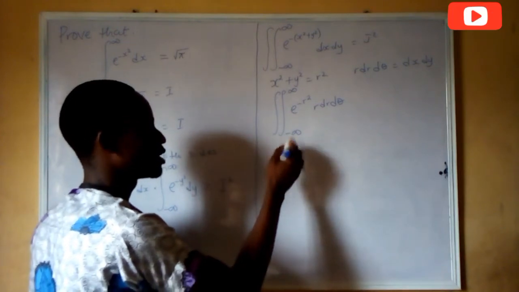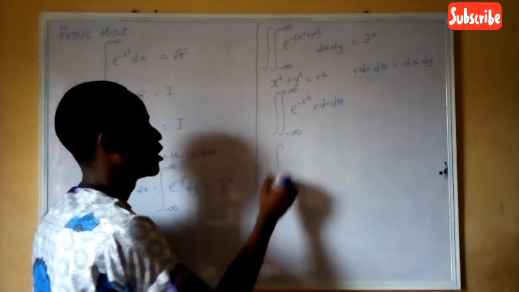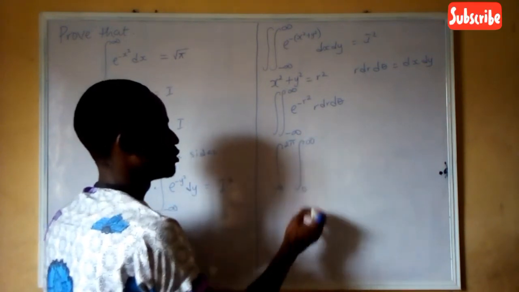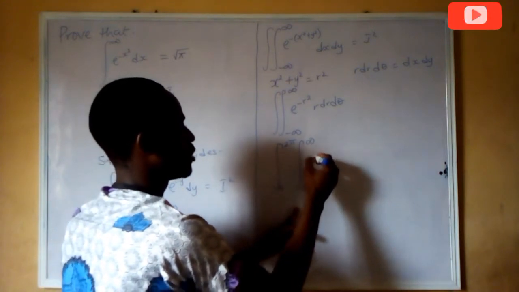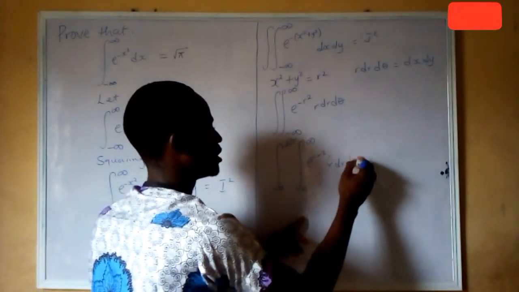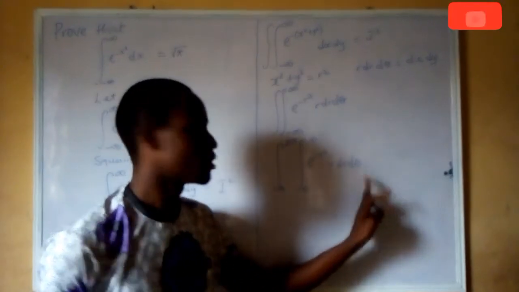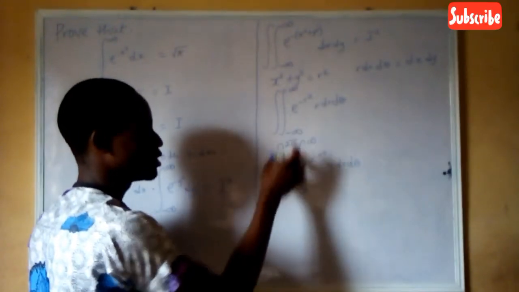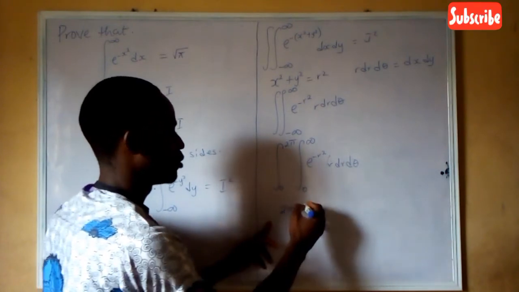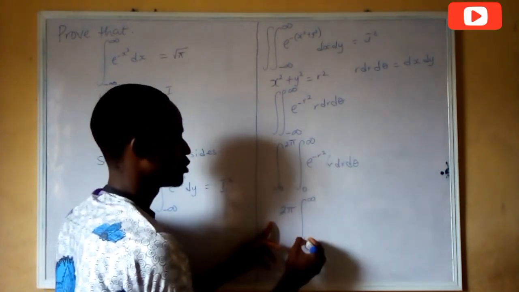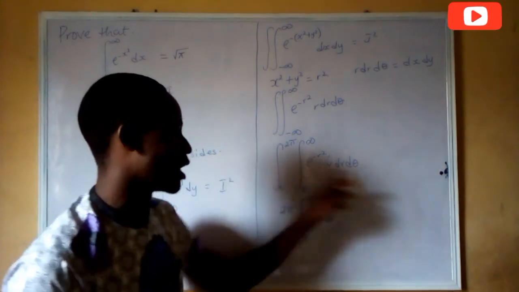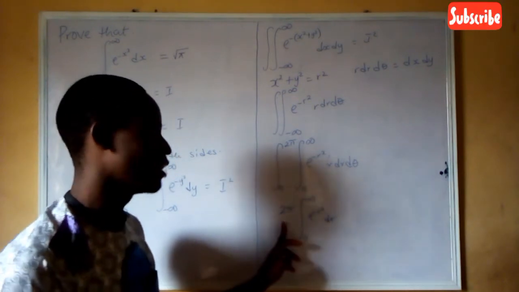The shell integration says that this integral will be transformed into an integral from 0 to 2 pi and an integral from 0 to infinity, of e raised to the power minus r squared, times r dr d theta. The d theta goes with the first integral, so by evaluating it we get 2 pi, then the integral from 0 to infinity of e raised to the power minus r squared times r dr.